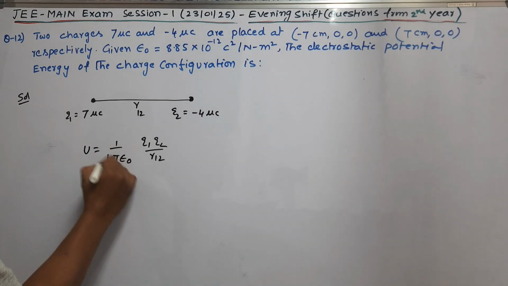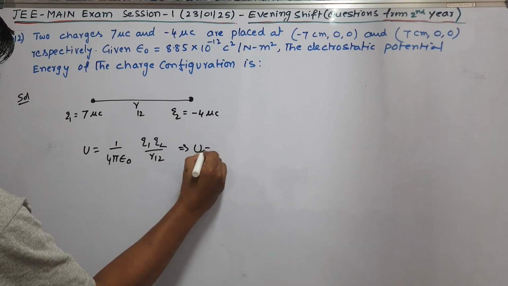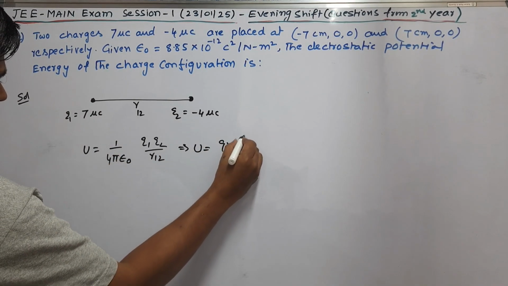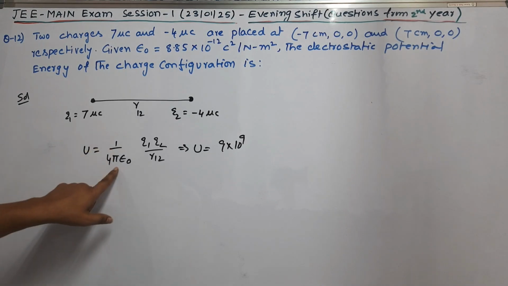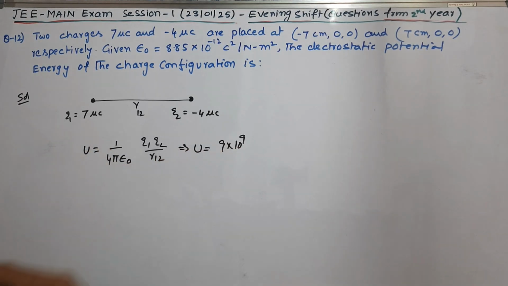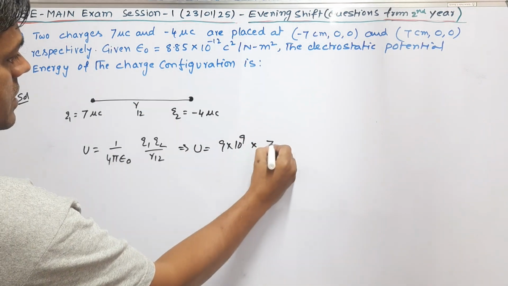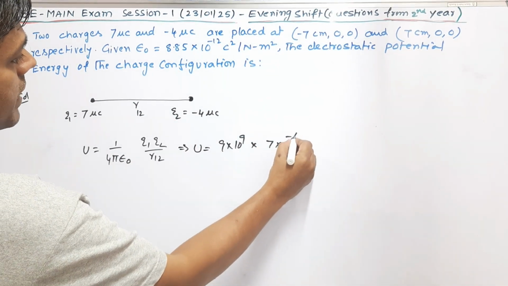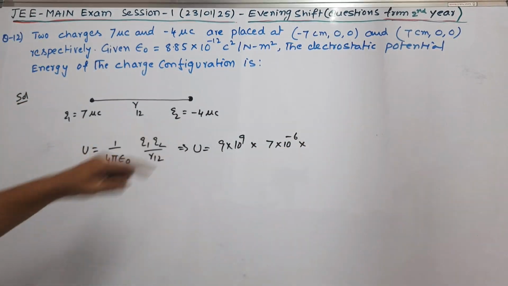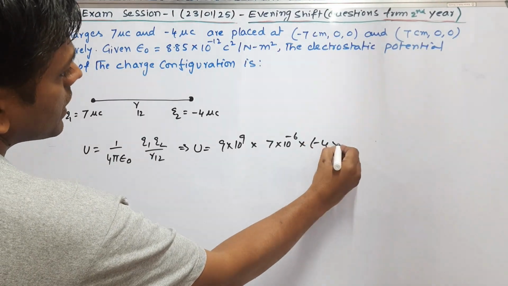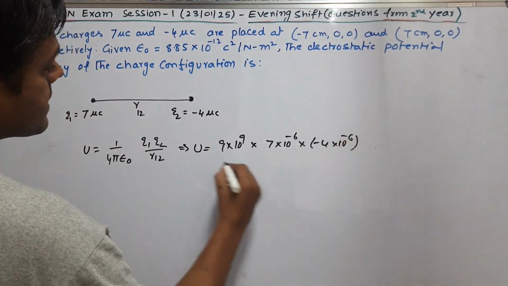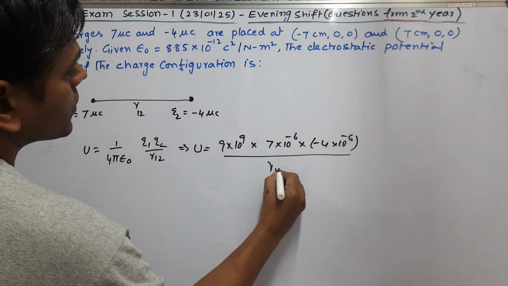Here, U is equal to 9 into 10 power 9, because 1 by 4 pi epsilon naught equals 9 into 10 power 9, into Q1, which is 7 micro, that means 10 power minus 6, into Q2, minus 4 into 10 power minus 6, by R12.